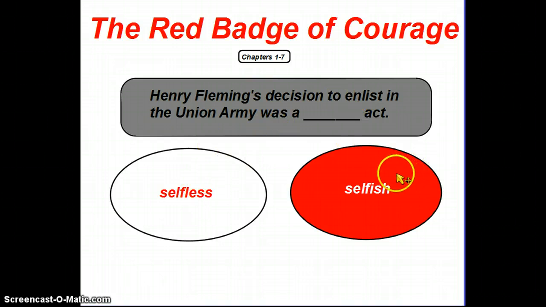If we were to write a persuasive piece, this would be a very baseline writing prompt that we could use, and we could fill in the blank with: Henry Fleming's decision to enlist in the Union Army was a selfless act or a selfish act. You'll note that these two are polar opposites because we want to make certain that we are writing a piece of persuasion.